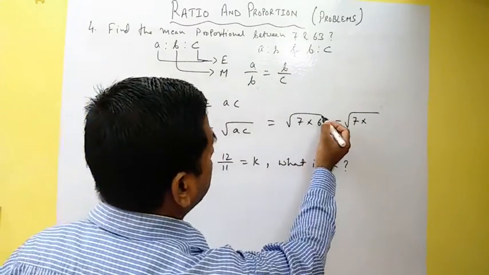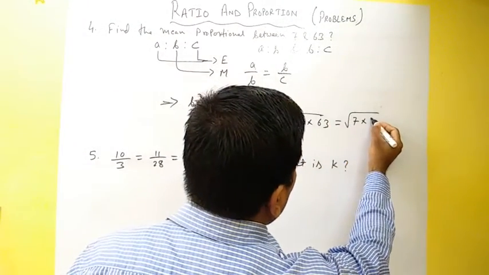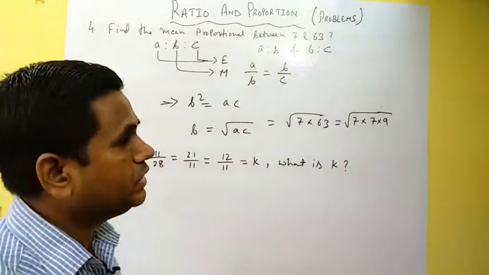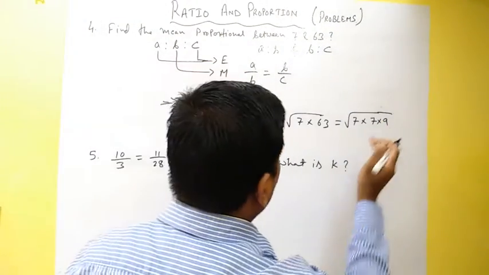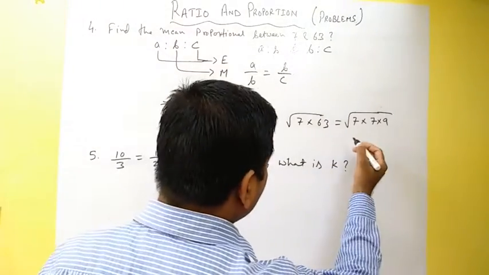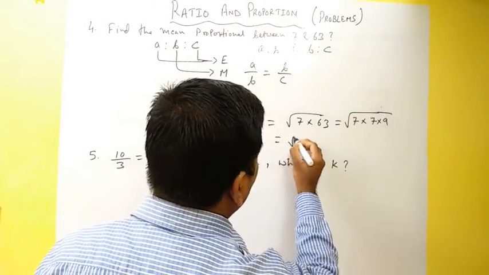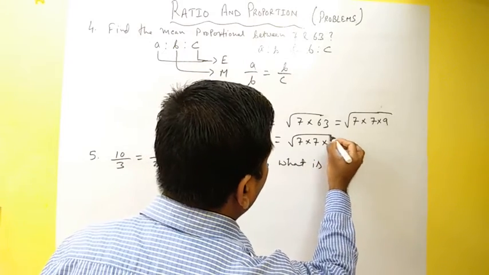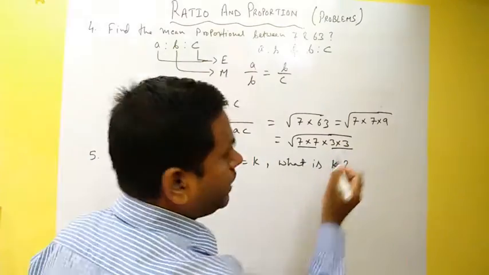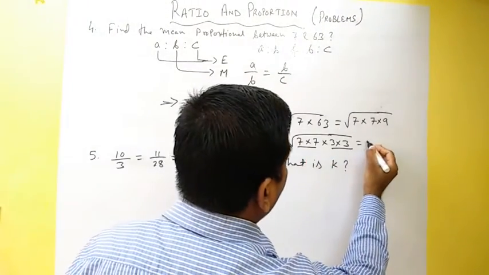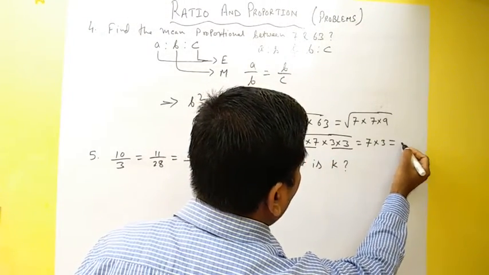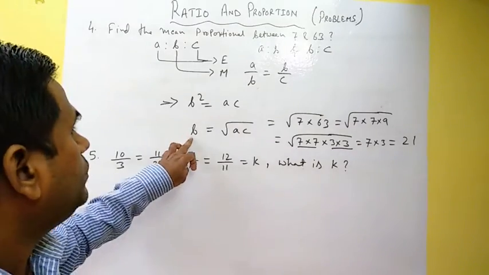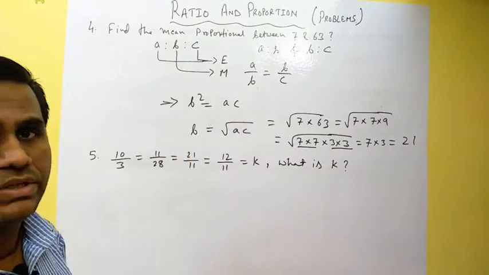I am going to break it into 7 into 9, 63. 9 7 is 63. Now further 9 can be reduced to root 7 into 7 into 3 into 3, right? So we'll do the pairing and we can take 7 into 3 and then finally 21. 21 is the answer, which is the mean in this question.